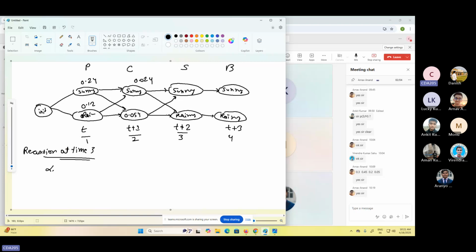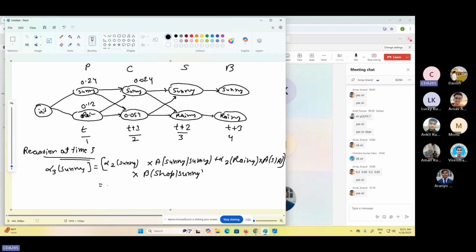So this is alpha 3 sunny is equal to alpha 2 sunny into A sunny to sunny plus alpha 2 rainy into A rainy to sunny into B shop to sunny.